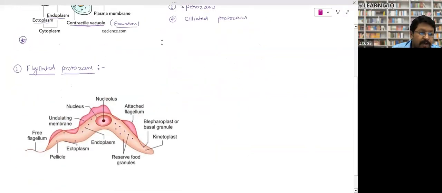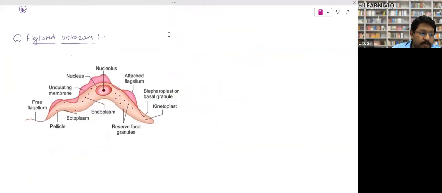Now, this is an example of flagellated protozoa. The protozoa visible on your screen, what is the name of this protozoa? Any smart, intelligent person in the group who can tell me?